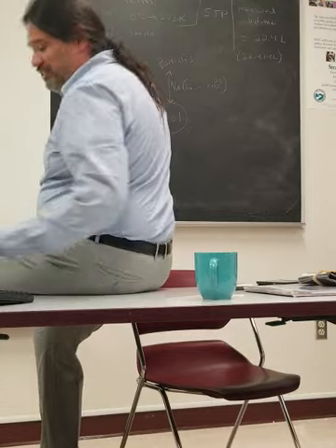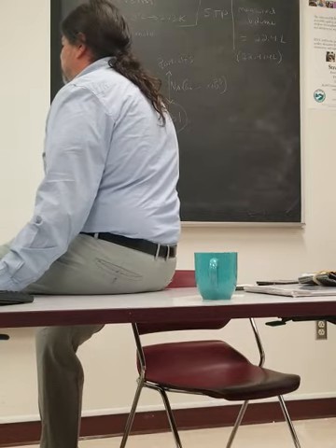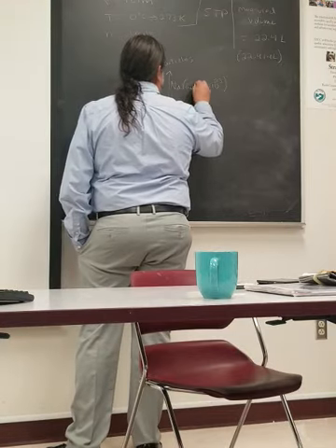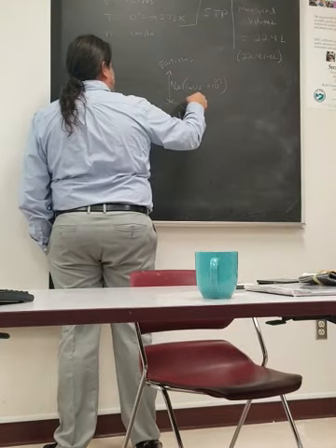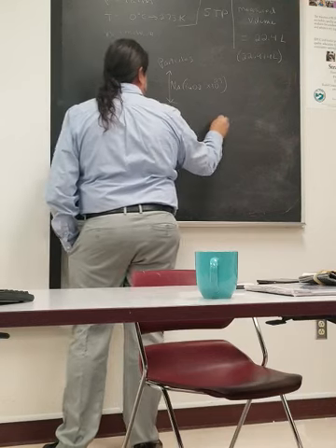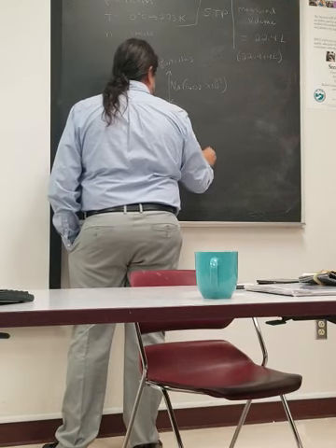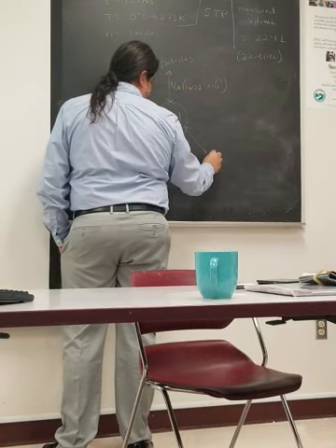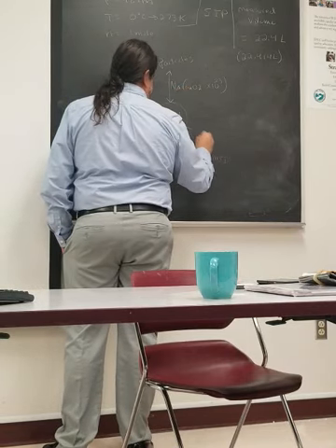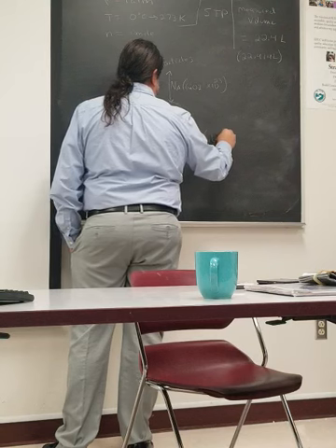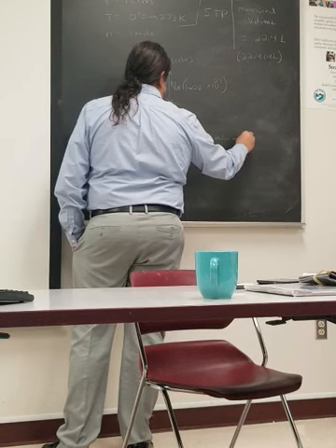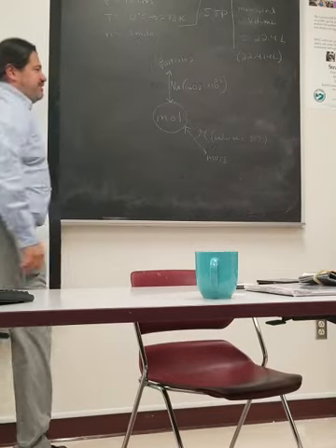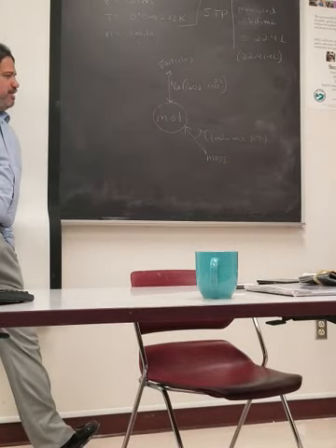It's 6.02. So I have Avogadro's number between moles and particles. What does the Na signify? Avogadro's number. Oh, sorry. And then for moles to mass, we use the molar mass from the periodic table.